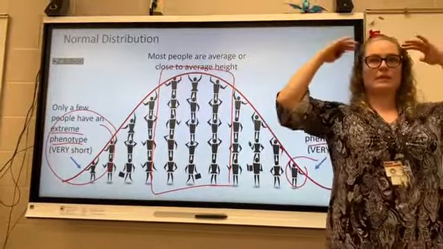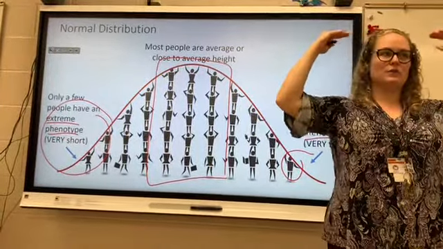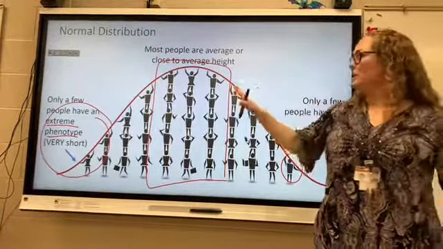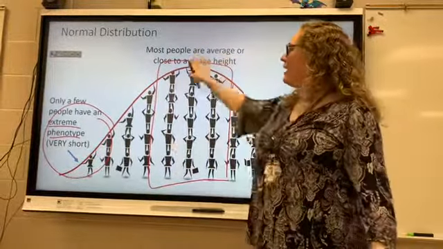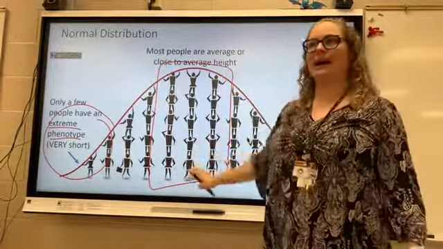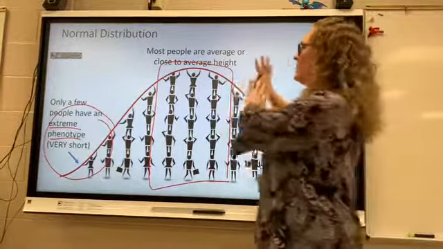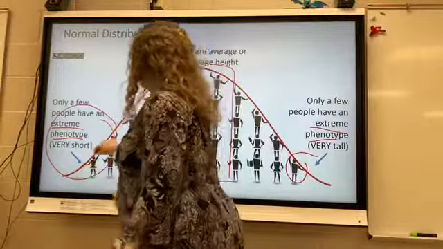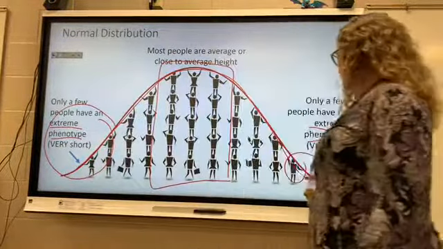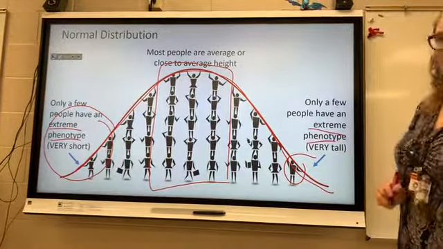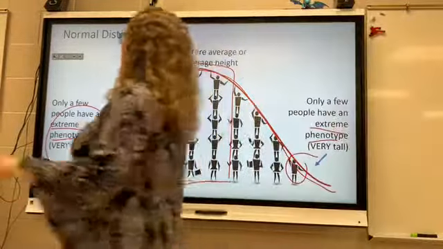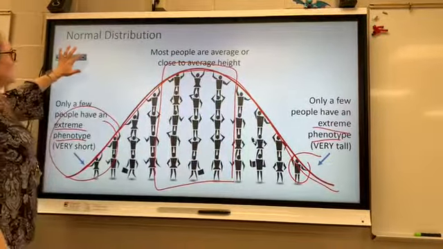Most people, when you set them next to each other, there's just a few inches of difference. Most people are that average height. Maybe a little bit taller, a little bit shorter, but the average. This is what we call a normal distribution. We get this nice curve shape to the graph when we graph out a physical attribute.